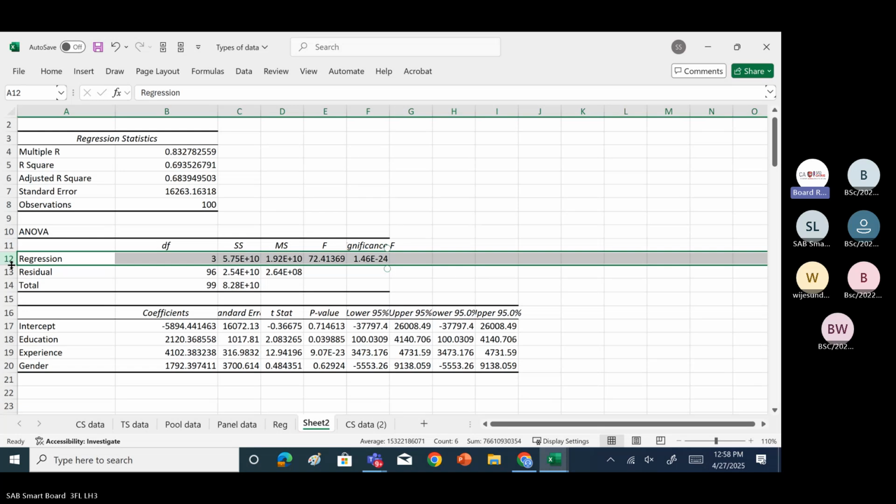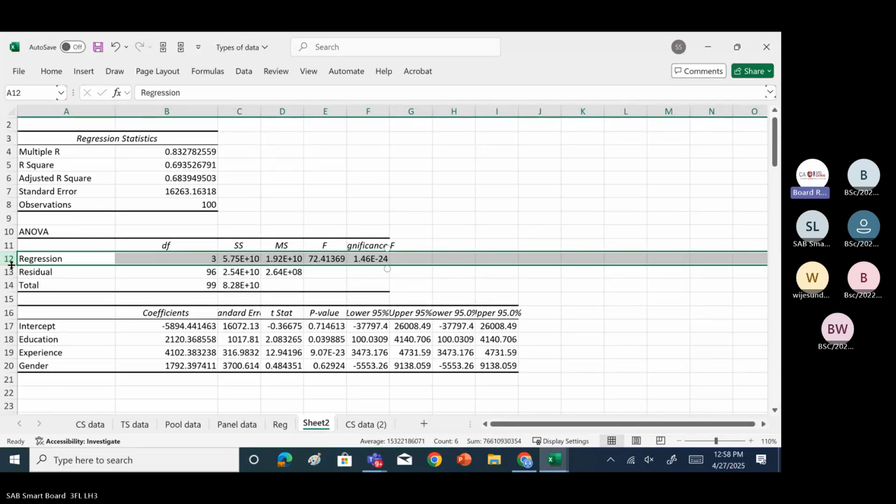What is the significance level that we have taken? 5%. We have taken a 5% significance level, so the confidence level is 95%.